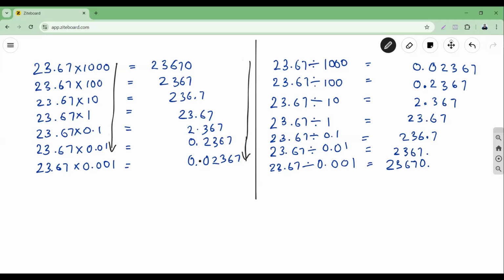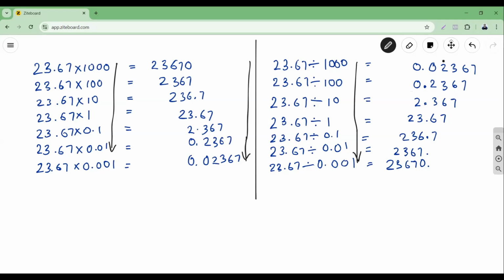That's one pattern we can say. Another pattern on the division side: dividing by a lesser number, as the divisor becomes lesser, this answer is becoming higher, right?